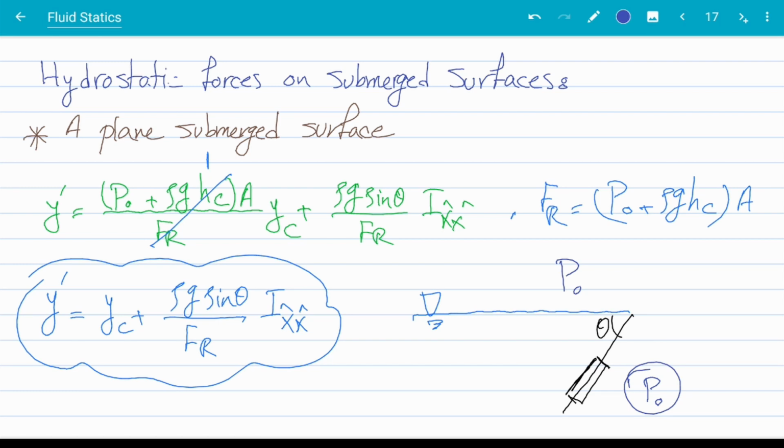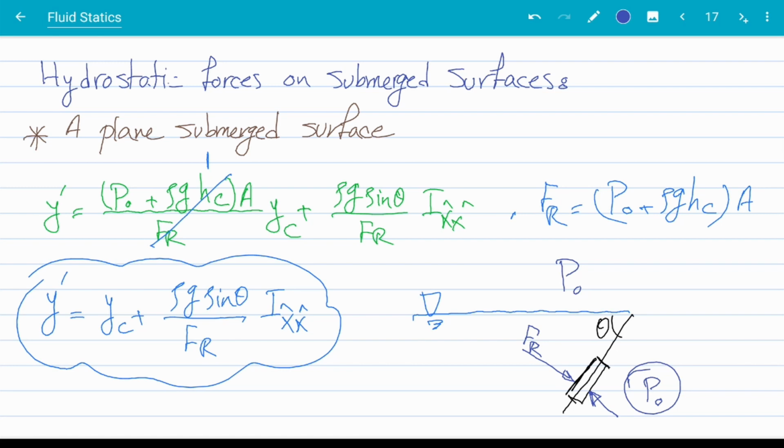The total force that is applied because of the liquid and the air above the liquid on the left-hand side of the plate, and the force because of the pressure P0 on the right-hand side of this plate, right?